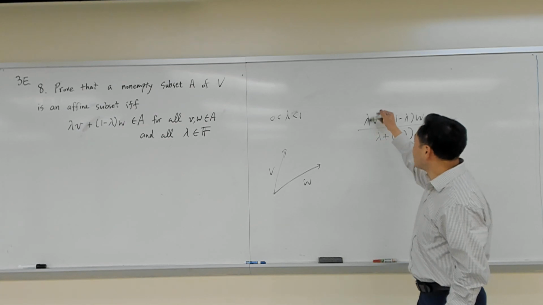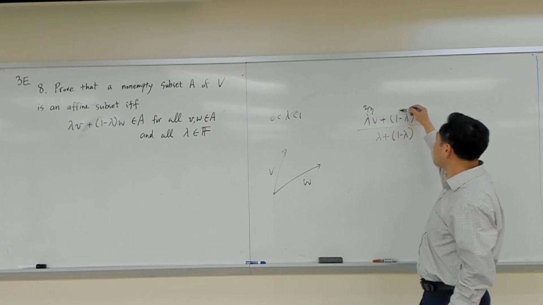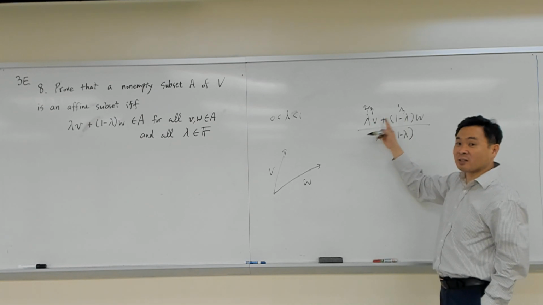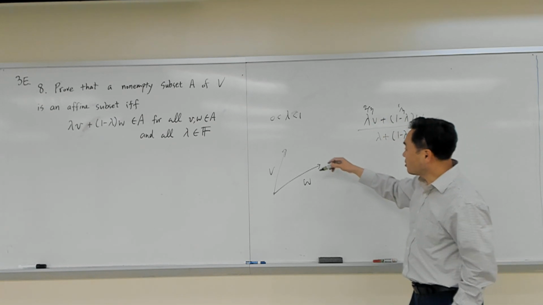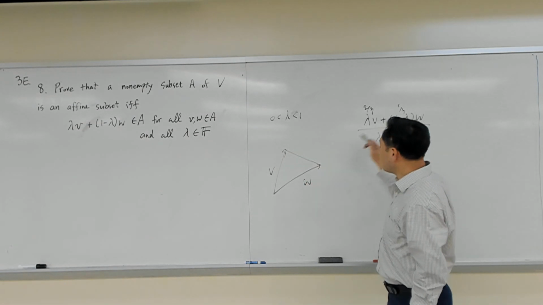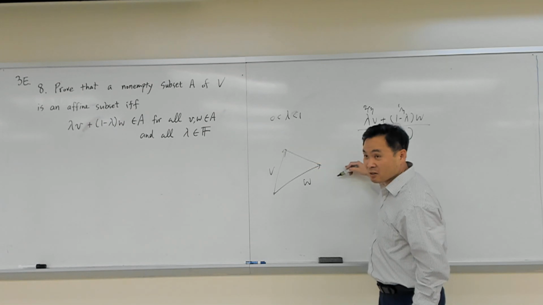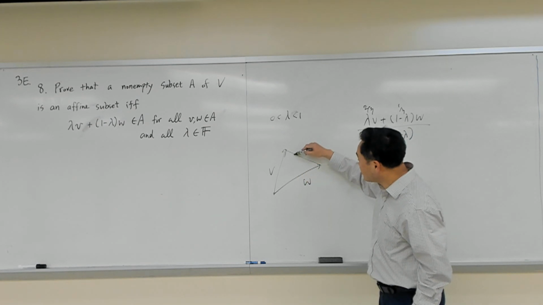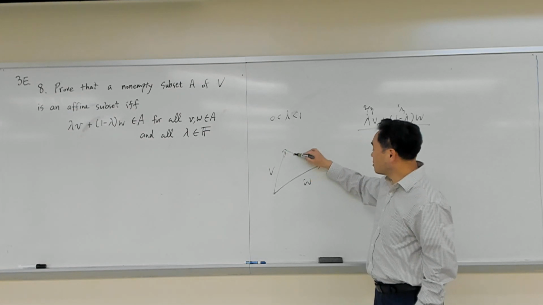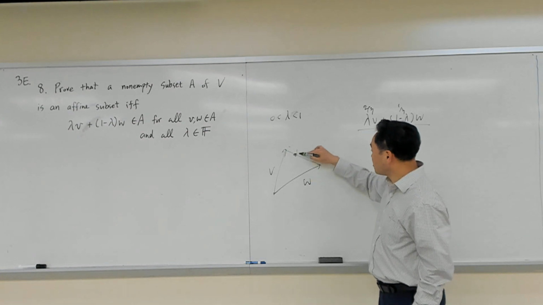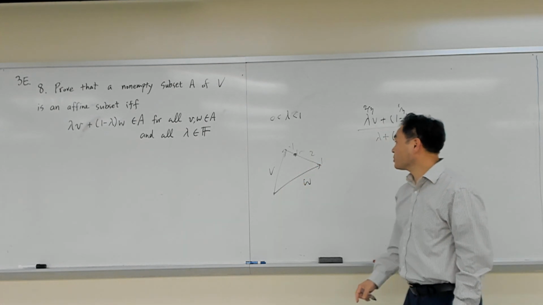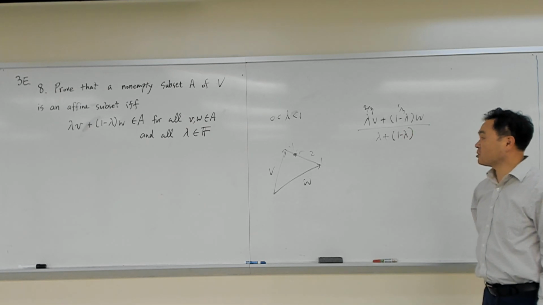If you put like 2/3 so that this will be 1/3, then it's like v is doubly weighted than w. So v is pulling it stronger. So any one of these will always be on this straight line passing through v and w, and because v is pulling stronger, the ratio between this to this will be 2 to 1 here. It will be closer to v if it's 2/3 and 1/3, and so on.